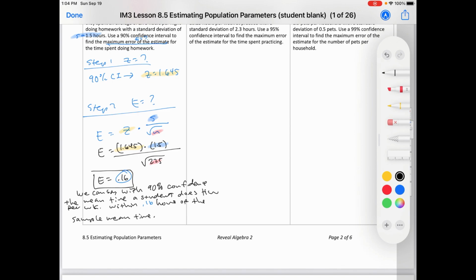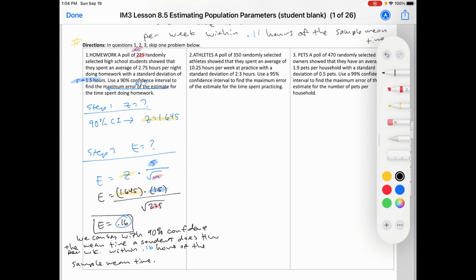But the big idea is that because you're drawing the data from these random students, we have 90% confidence, pretty confident that when we draw a sample from them, they're only 0.16 hours away from everyone else.